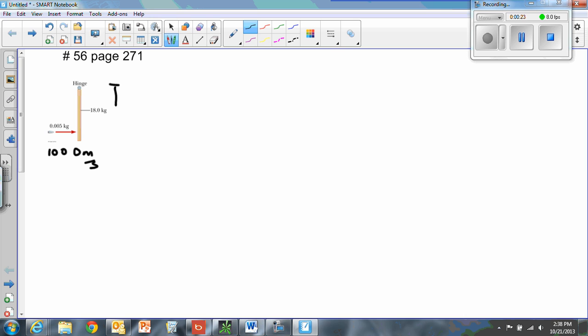The board has a radius of 1 meter from the hinge, but the bullet hits at 10 centimeters from the end of the door, which means it's actually 9 centimeters from the hinge. So they got a bunch of questions about that.